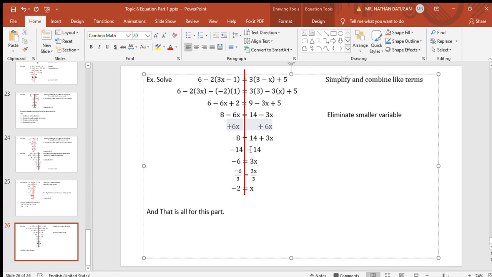And now what's our goal? Our goal doesn't change. Our goal is to isolate the variable, in this case x.